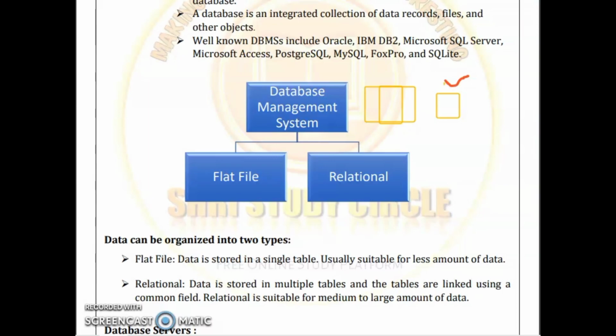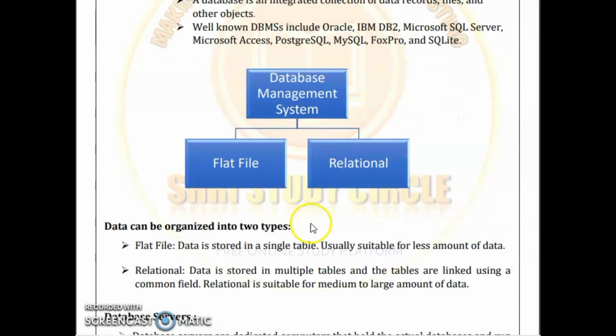So that is linked. So that is a relational database management system. That's why relational is suitable. This relational database management system is suitable for a large amount of data. If we are dealing with a large amount of data, then we'll prefer the relational database management system.